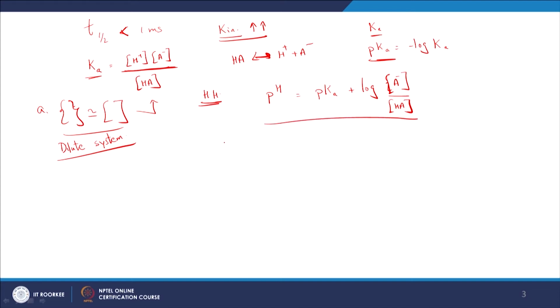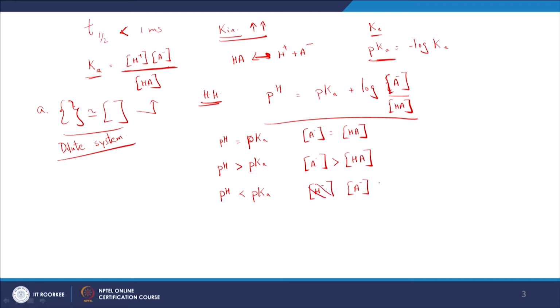So in that context, what have we looked at? So we looked at pH equal to pKa. We considered pH greater than pKa, and we considered pH less than pKa, and the three cases more or less relate to A minus being equal to HA in concentration, right, and then A minus being greater than HA in concentration, yes, and then obviously A minus being less than HA in concentration.